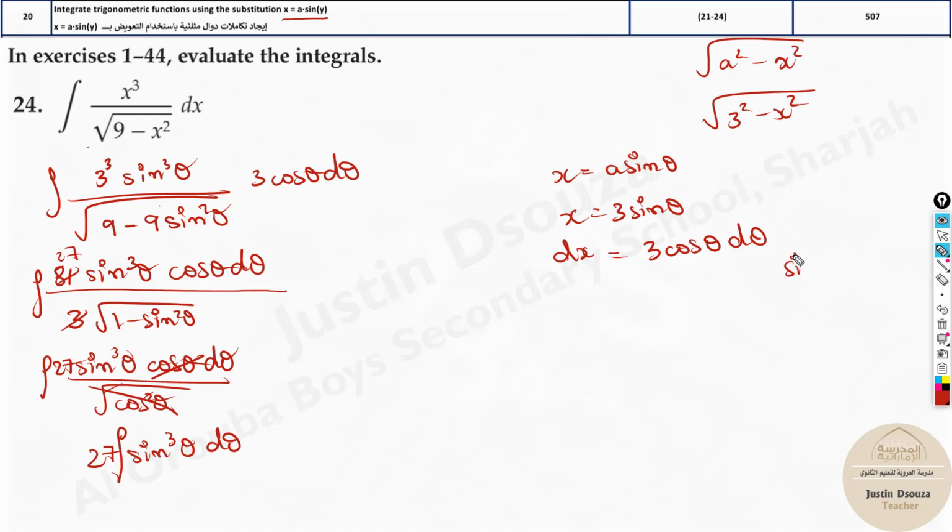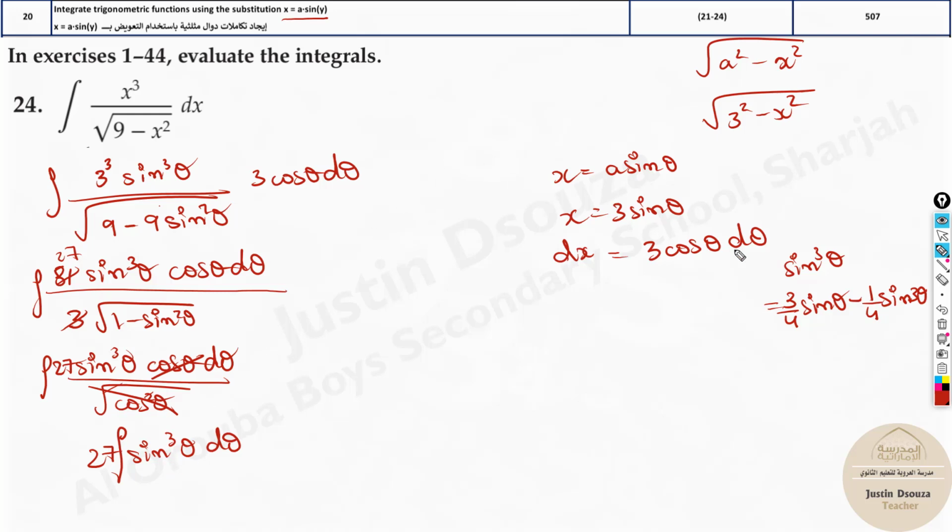So sine cube theta is equal to 3/4 of sine theta itself. You should subtract it with 1/4. What I remember in my mind is that this is a whole, 1, but 3/4 sine theta, 1/4 will be sine 3 theta. So this is the formula.